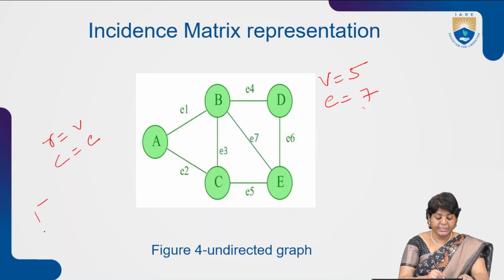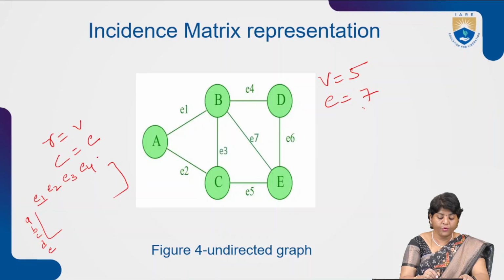So the matrix needs to be designed with A, B, C, D, E as vertices and E1, E2, E3, E4, E5, E6, E7 as column representations.